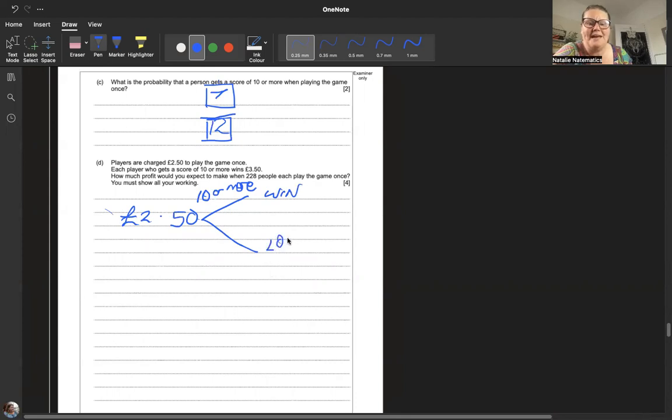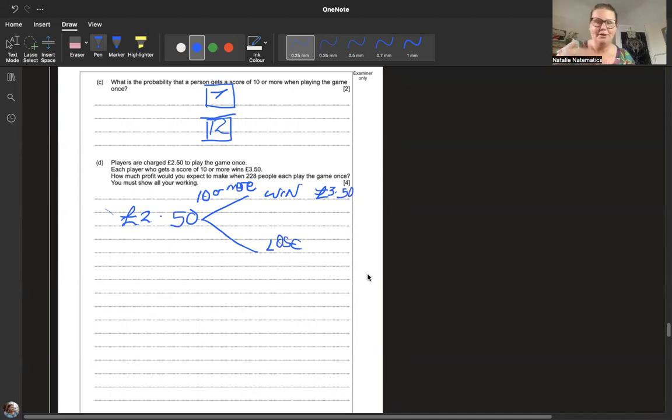Games like this come up sometimes and you're like, well, I don't understand that. So look at the options of what can happen. You pay £2.50. If you get a score of 10 or more, you win £3.50. And if you lose, that's it, your money's gone into the pot to pay for the people who are winning.